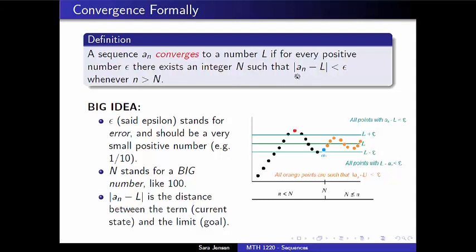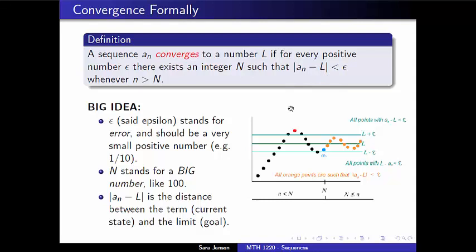So we're going to throw absolute value signs around the difference between the term value and the limit, because we don't know if an arbitrary sequence is approaching its limit from above, from below, or from all different directions if it's oscillating like the example we've shown here. We don't care if it's coming from above or below.